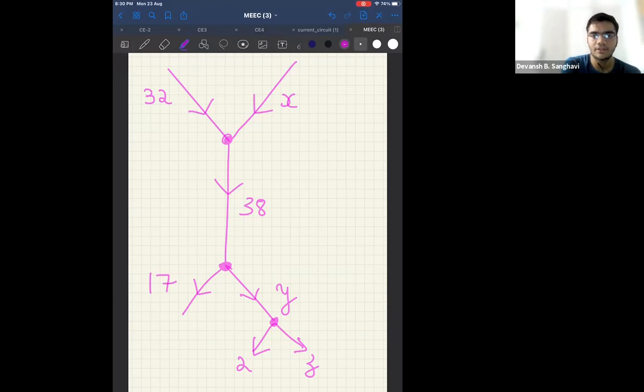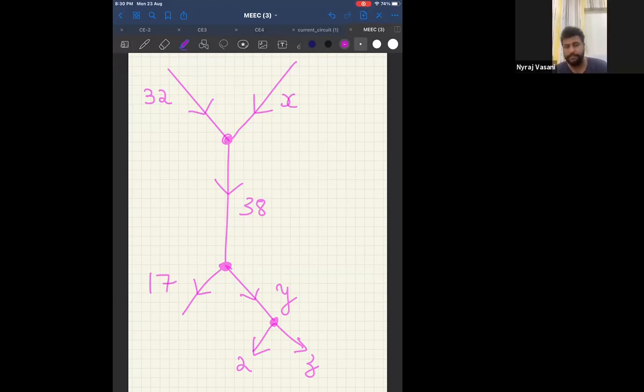It is bifurcating, 2 and Z. Give me all three answers. Give me X, Y, and Z. If your Z is right, I think X and Y will be right.